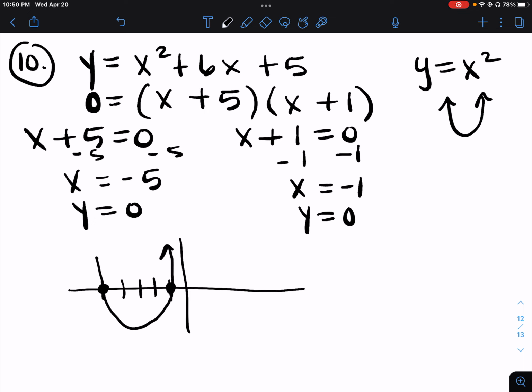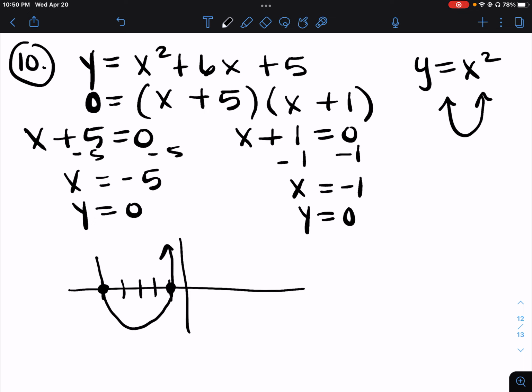Okay, number 11, same thing. When y is negative, it's upside down. Okay, we're going to replace y with 0. Now, you see that negative x squared? I'm going to factor a -1 out of everything, which changes all these signs.